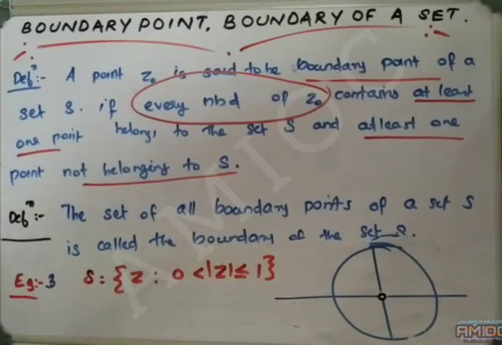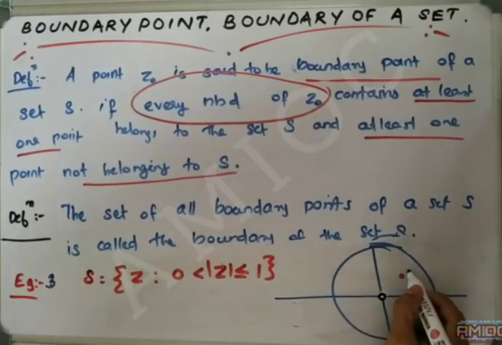If we are considering the points inside the circle |z| = 1 other than 0, if we choose any point inside the circle, we can find a neighborhood of some small radius.